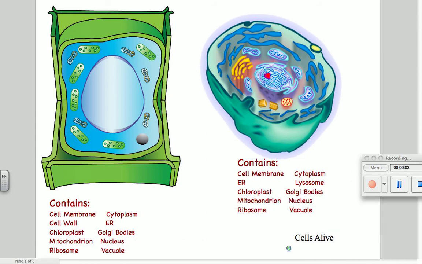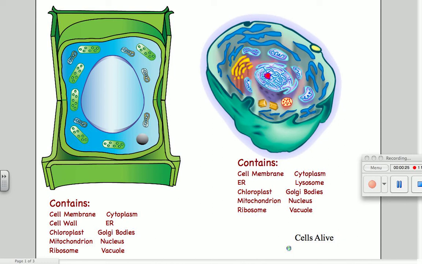Okay, the first thing that you'll need to know is what organelles are contained in a plant cell and what organelles are contained in an animal cell. This green square looking cell is a plant cell, and down below here I have what it contains. This is a short list.